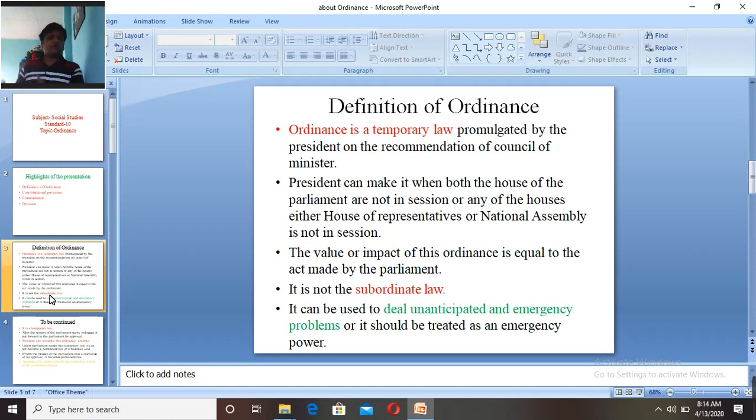If we talk about sessions in the context of Nepal, the Parliament of Nepal has not fixed any sessions yet. If we see the neighboring country India, the Parliament of India has set three sessions. The first session begins in February and remains until May. The second session begins in July and remains until September.